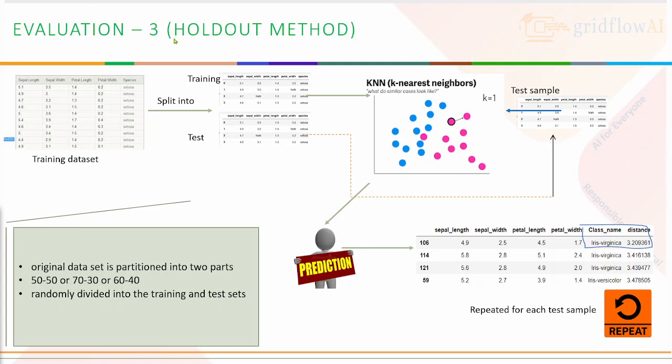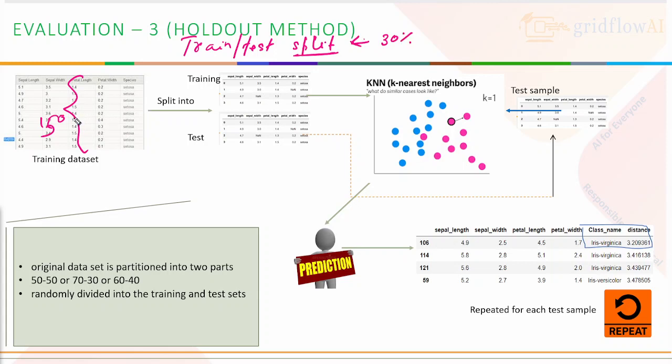The next method is called the holdout method. The other name for this method, a very popular one, is the train test split method. So in this method, we have a training set, let's say 150 samples, and we divide it into a split, and that split is mentioned as percentages. Let's say this is 30%.